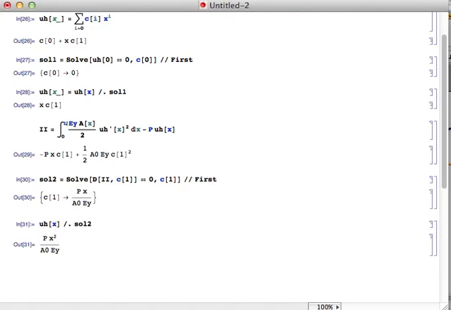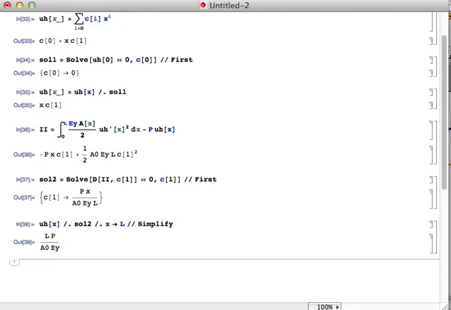Thank you. I'm doing everything analytically. I need to continue with that, but there it goes. So then if I evaluate this at x equal to L and simplify it, we get the right answer. Thanks. That's the problem.